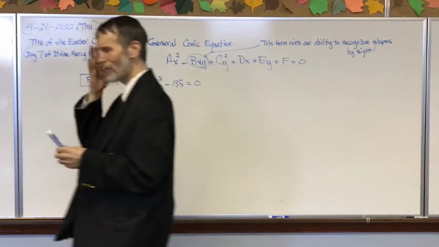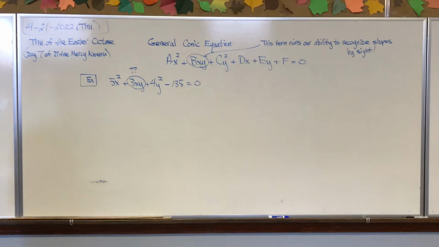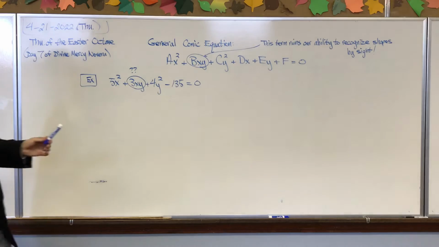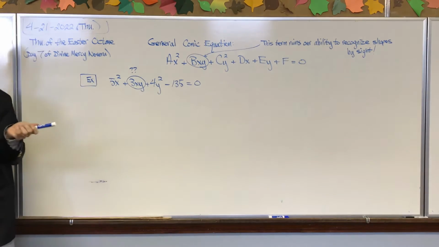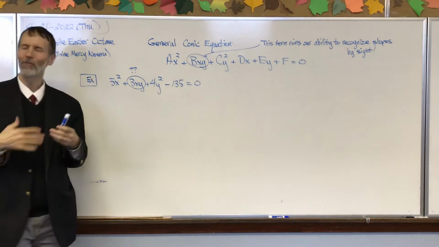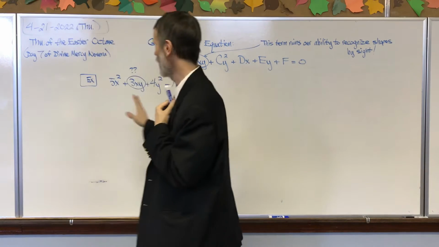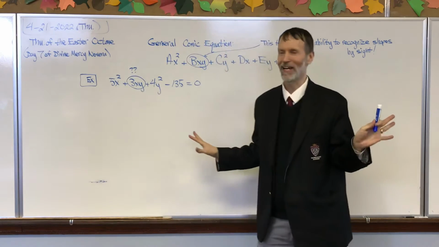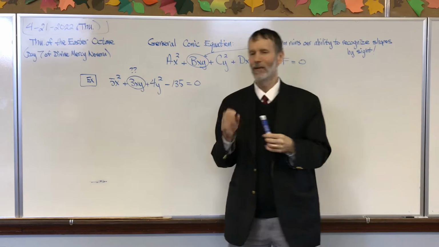In other words, if there's an xy term, or they sometimes call it a B term because of the B in front, then our ability to just look at this and find out what shape it is has been destroyed through no fault of our own. The xy term just throws everything into chaos. There is another way to do it.